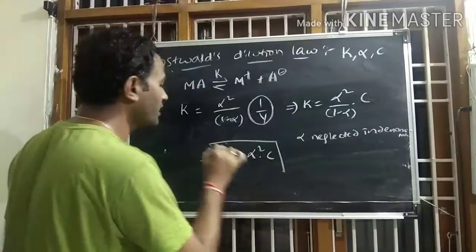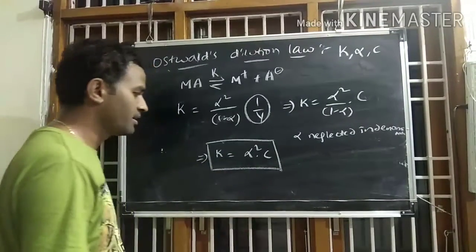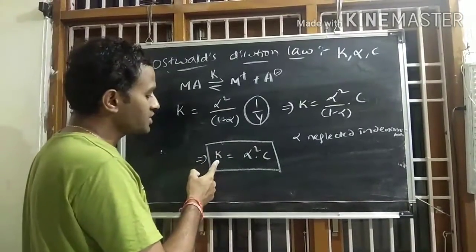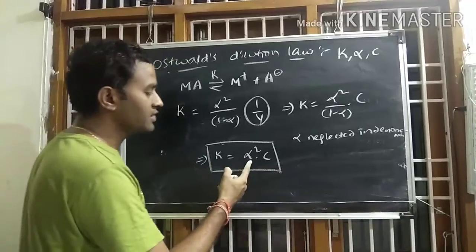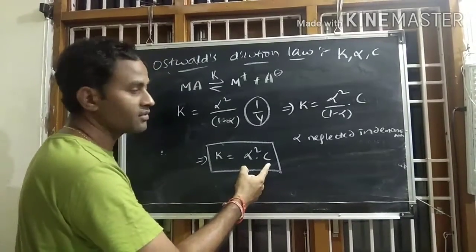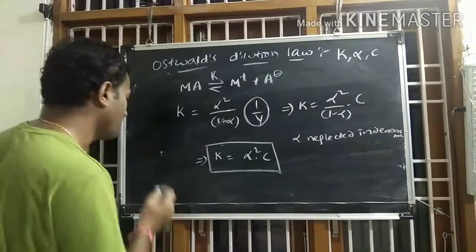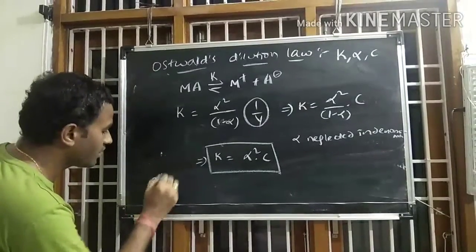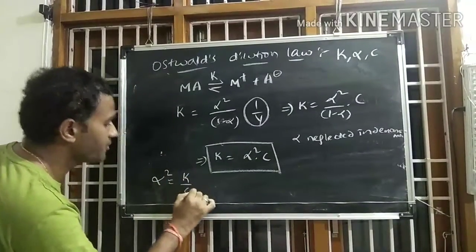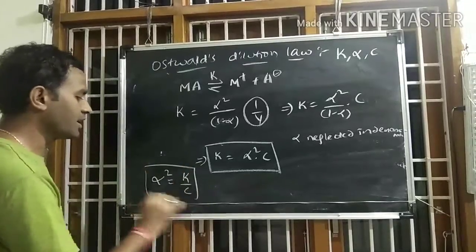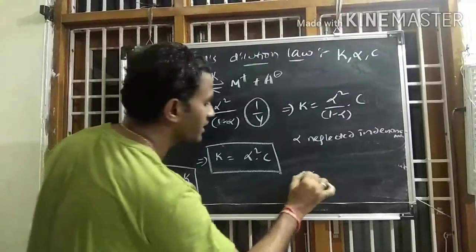So this is the final mathematical relationship between the dissociation constant of an electrolyte, degree of dissociation of an electrolyte, and concentration of the electrolyte solution, which can also be written as alpha square is equal to K by C. So from this equation, we can derive two relations.